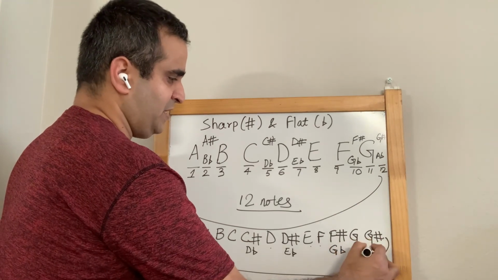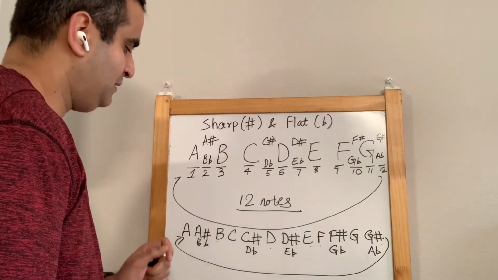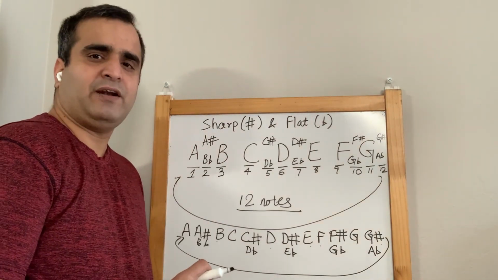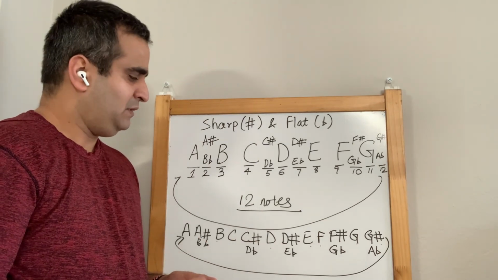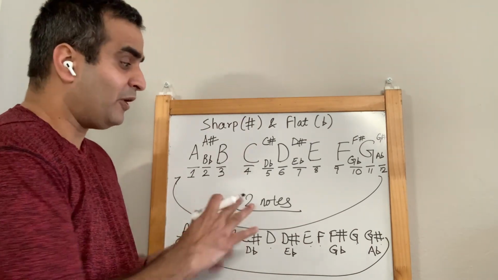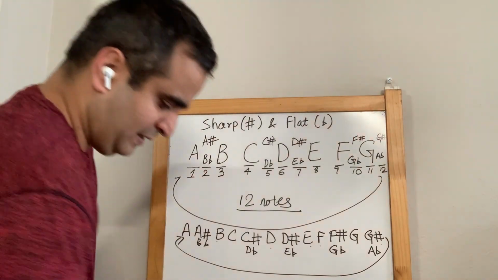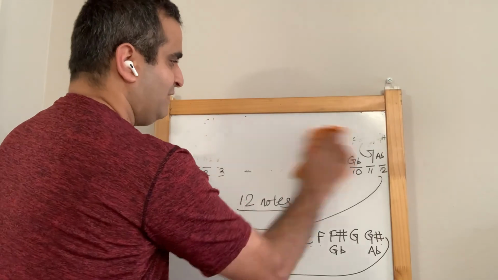G. G sharp can be represented as A flat. So you will come across this in a lot of songs when you research songs on the internet. A lot of songs will have these notes, so it's important to know what they are. So this is about the sharps and flats.